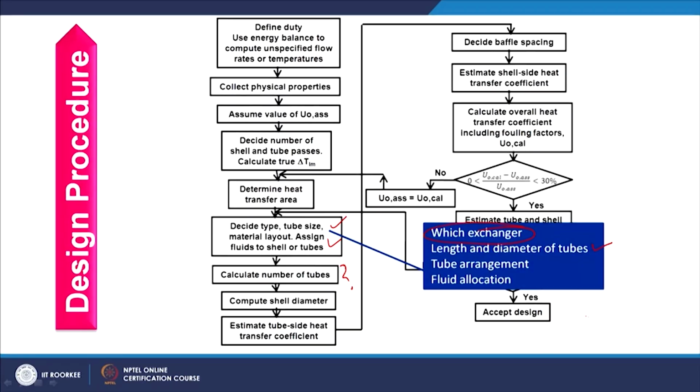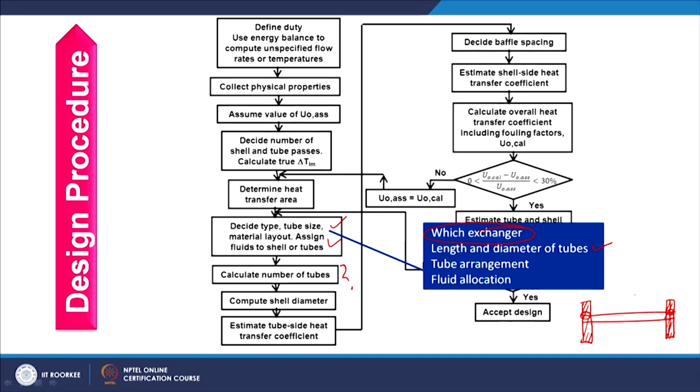Let us see. If you have this much length of the tube, and here the tube is inserted in the tube sheet, then considering the particular thickness of this tube sheet, that section of the tube which is inside the tube sheet will not participate in heat transfer.